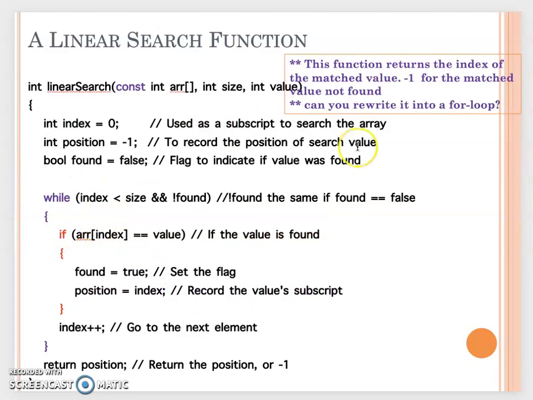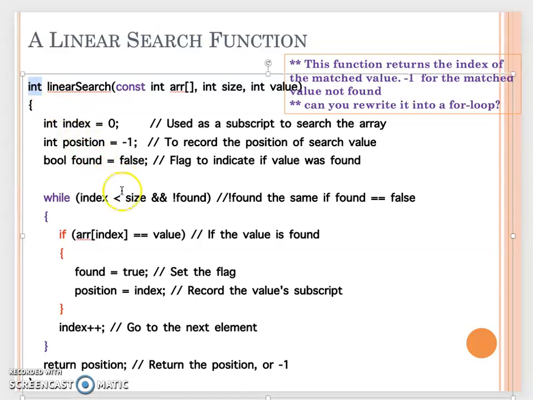If I want to use the while loop to find the matching data, but I don't want the location, I only want the bool data type, whether you find the matching value or not, can you rewrite this function? Pause the video to see if you can do that before you look for the answer.